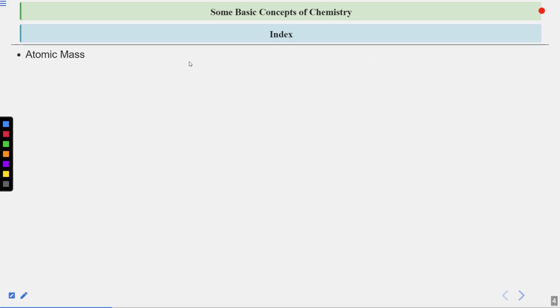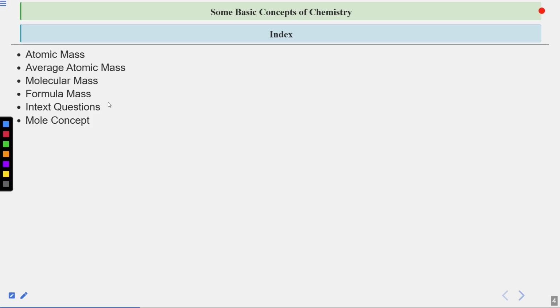If I break it into an index, first we get atomic mass, then average atomic mass, molecular mass, and formula mass. Then we will cover an in-text question related to these concepts, and in the next part, we will cover the mole concept and the molar mass.